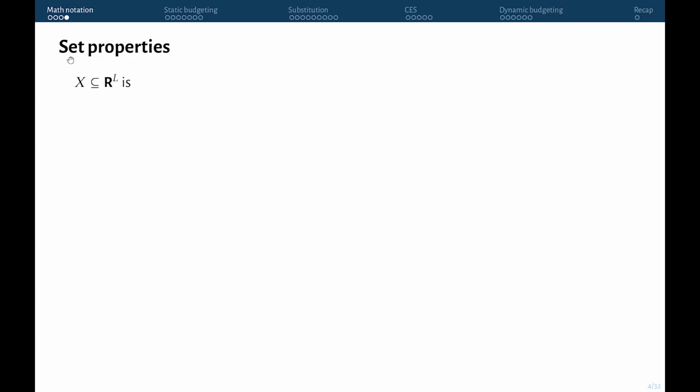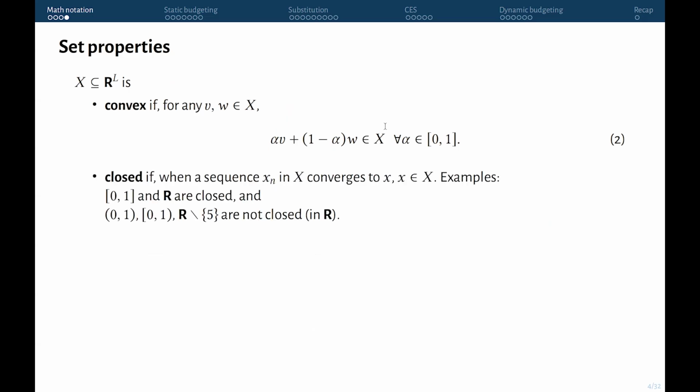If we have a set x of real vectors, L-length vectors, it's convex if whenever you linearly interpolate between elements of the set, you stay within the set. It's closed if whenever a sequence in the set converges to something, that something is itself within the set.